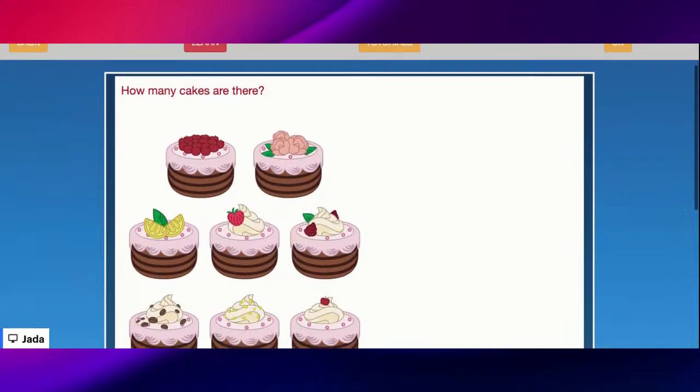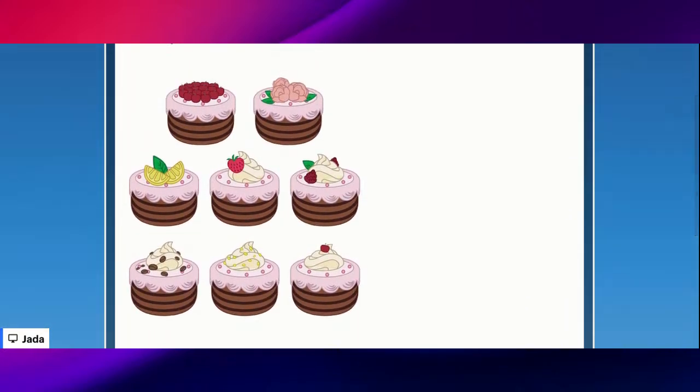So how many cakes have we got here? How many cakes are there?